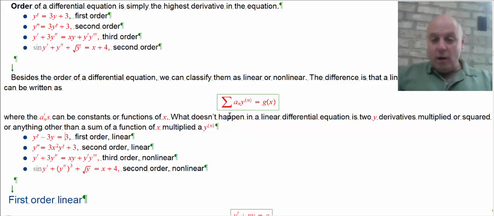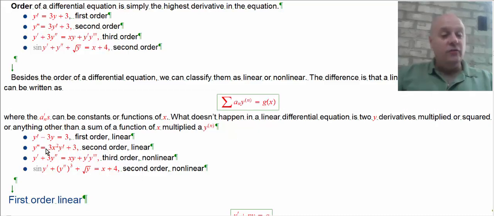I've got a combination of y and its derivatives equals some function of x, in this case a constant function, so that 3 is in the g of x spot. A sub 1, the thing multiplied by the first derivative, is 1, and a sub 0, the thing multiplied by the plain y, is minus 3. We just put it into this form to show it's linear.